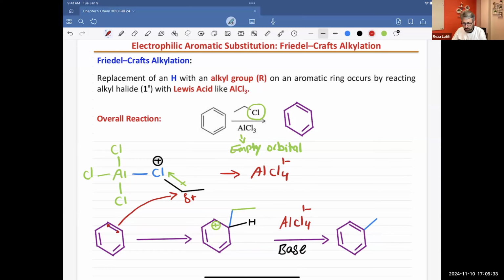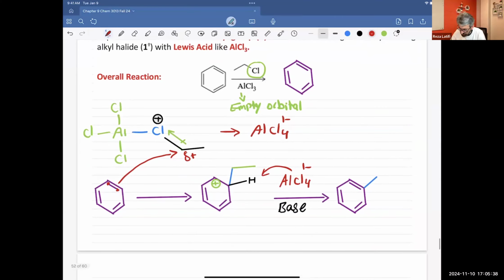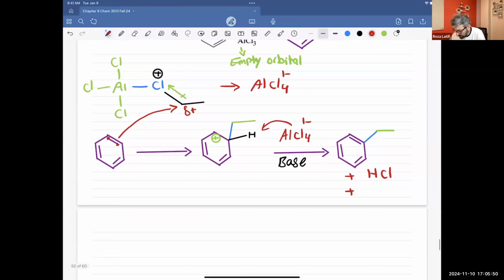So this one will attack hydrogen, and after generating the alkylation product for us, we will get HCl, and next, aluminum with 3 chlorides.